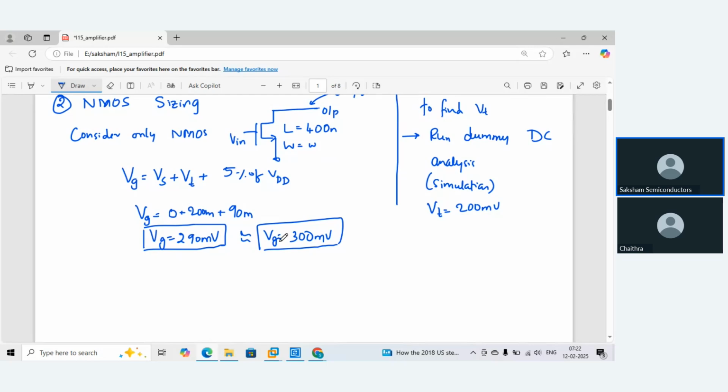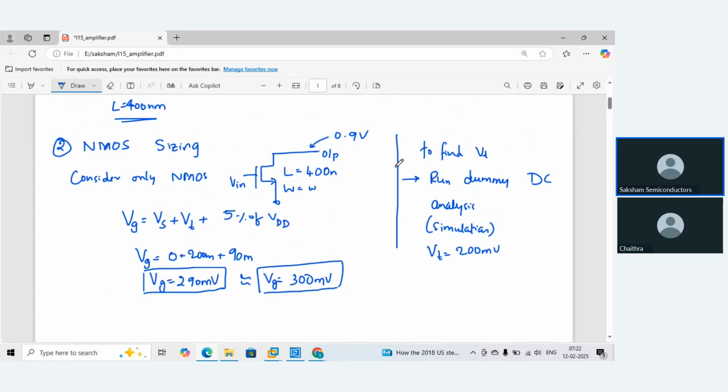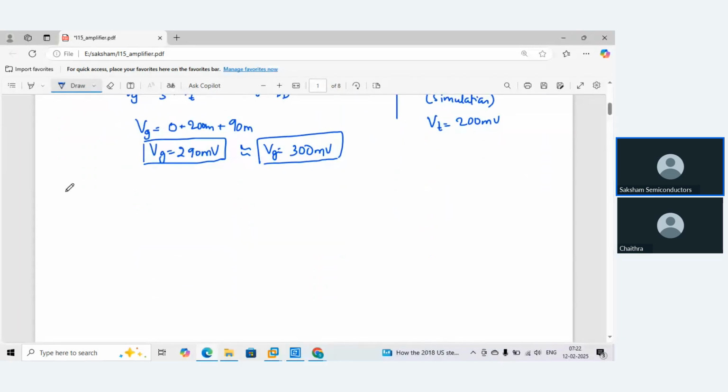Now, how should I figure out the value of W? I should have a certain condition, right? To understand that, let's see what they have done. If I say this was step number 3 to find the Vt, let's go to step number 4. In step number 4, I need to find the width of the NMOS.